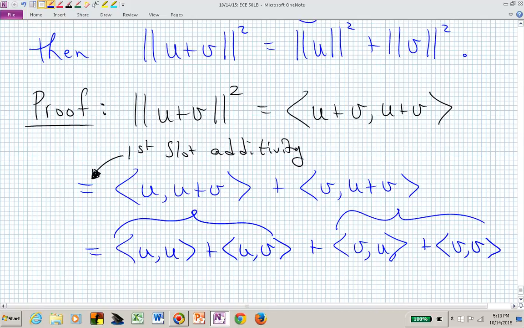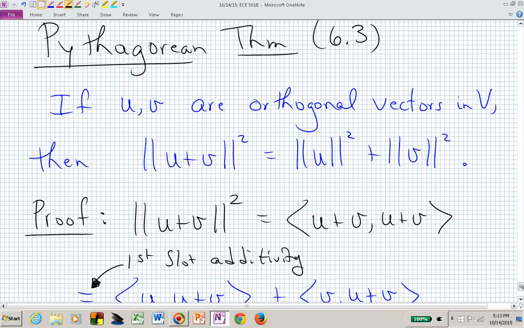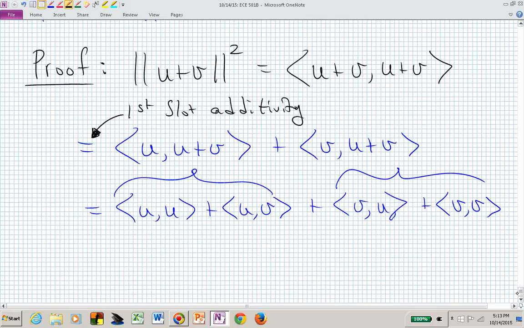But what was one of the assumptions in our definition of the Pythagorean theorem? We assume that u and v are orthogonal, and now what do we know about some of these expressions in this equation? Now we know that this is 0 by orthogonality. We know this is 0 by orthogonality.